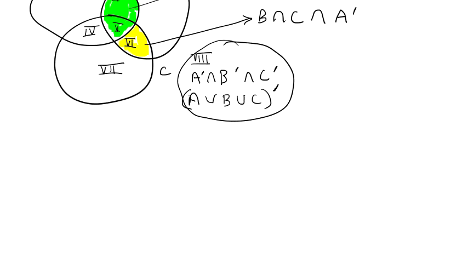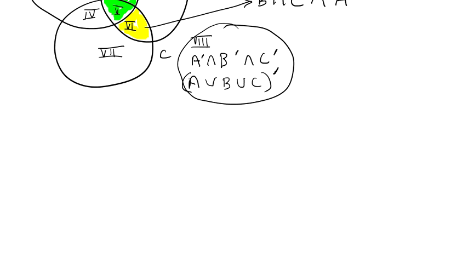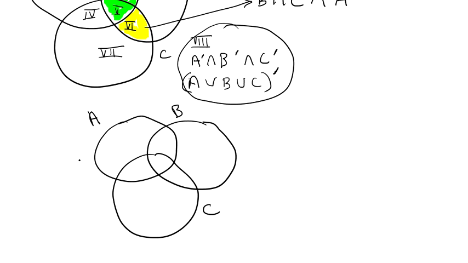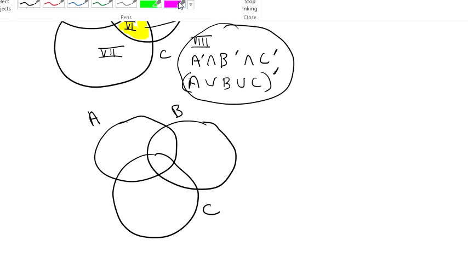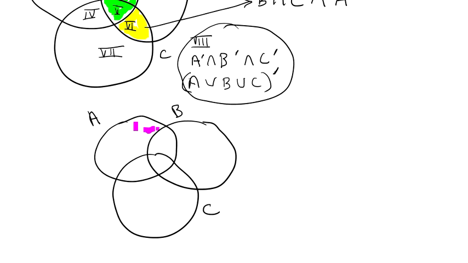Let's take a few more examples. I'm going to draw 3 more circles. So let's try labeling some of these areas again. Let's say I just want the area here that is in A, but I don't want B or C. So how would I label that area?